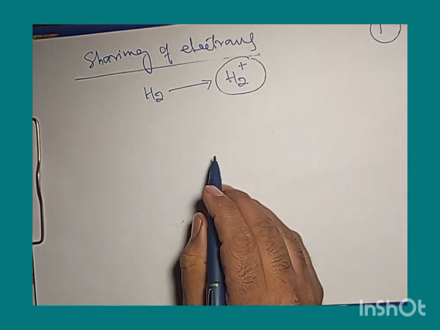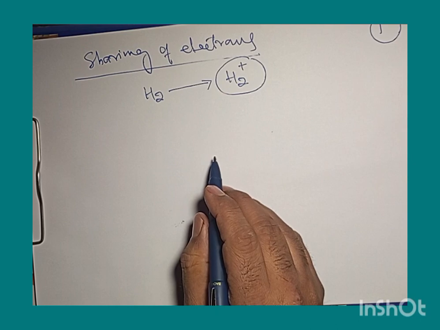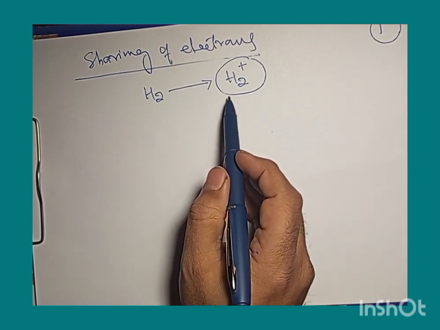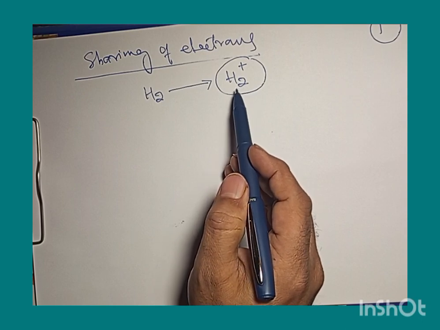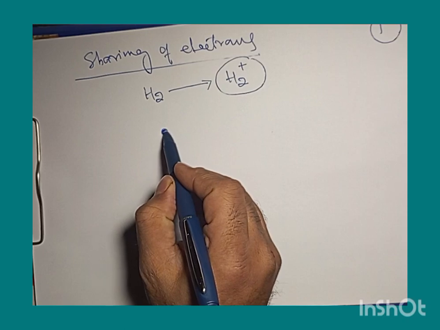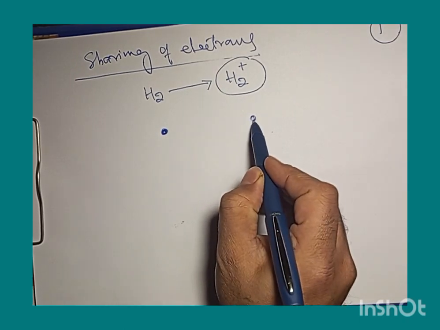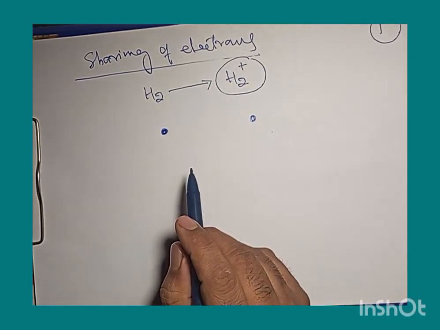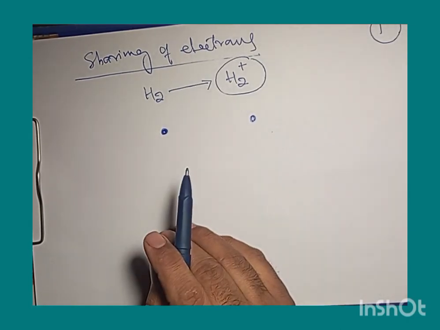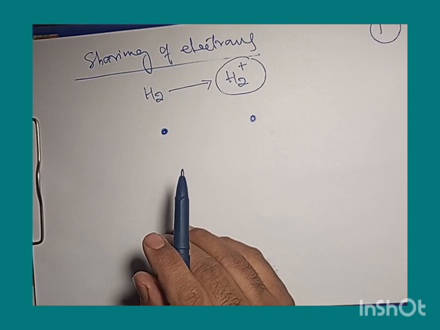This will be the point of discussion here in this video: the hydrogen molecule ion, where we have a single electron that bonds these two protons. So you have two protons, and there is a single electron that makes a bond between them.